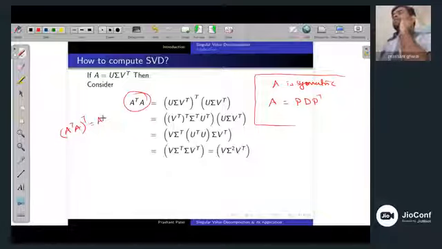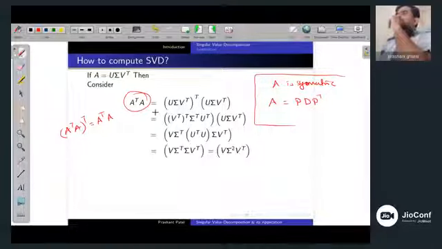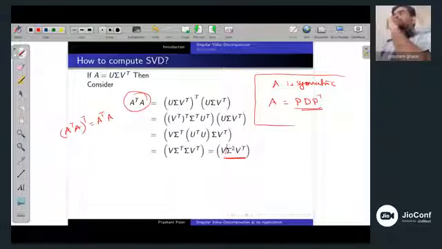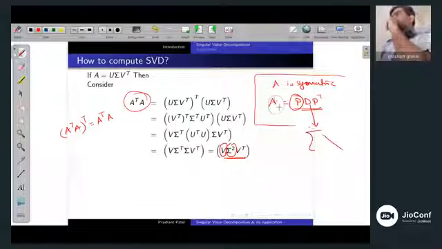You can just check that this is nothing but A transpose A. So this matrix A transpose A is a symmetric matrix, and a symmetric matrix has this decomposition. That means V plays the role of P, and D is here sigma square. The diagonal entries of D are the eigenvalues, so the sigma square matrix entries are nothing but the eigenvalues of A transpose A.